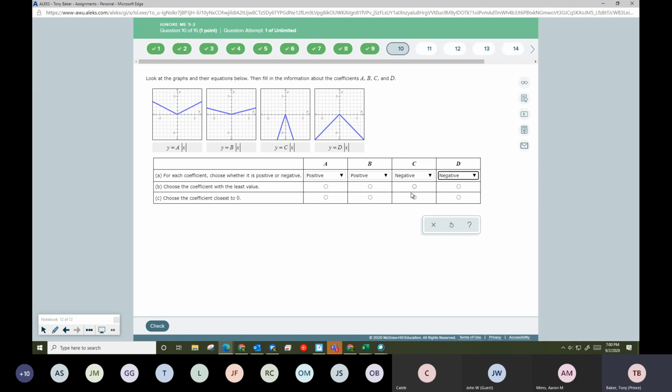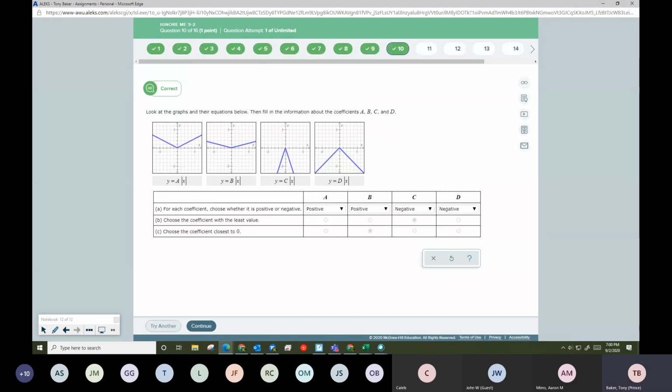So in this case, that's going to be C. The closest to 0 is going to be the widest graph. So in this case, the widest graph is actually B. Does that make sense? Okay.